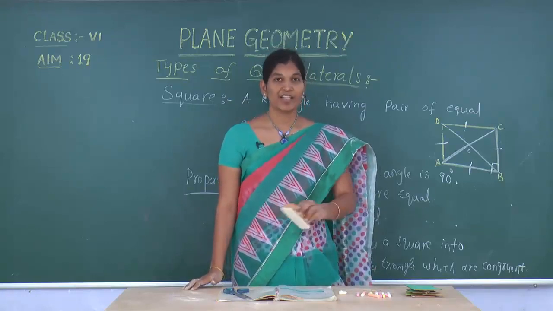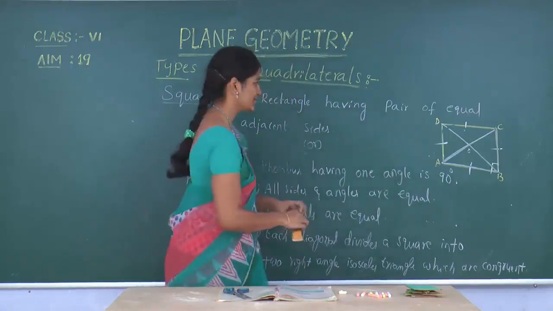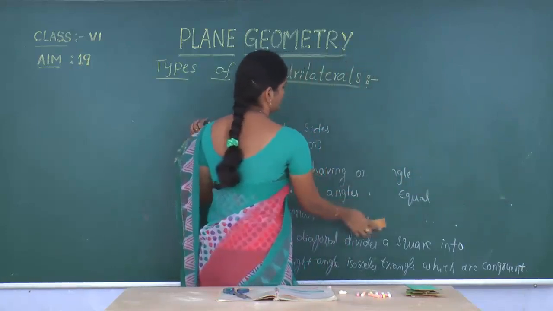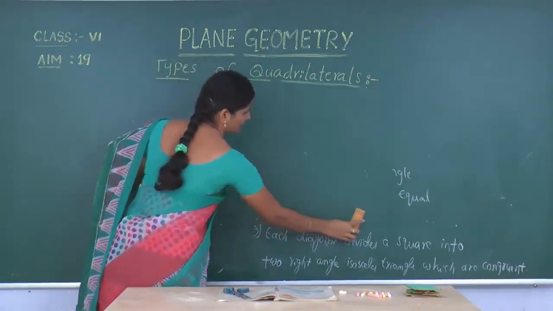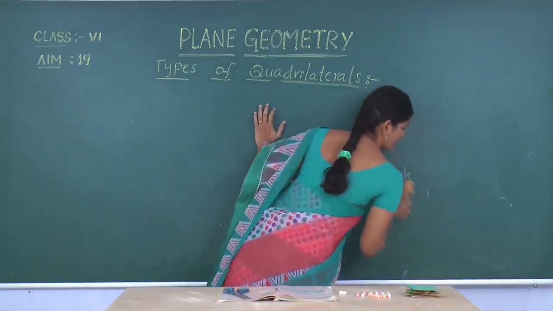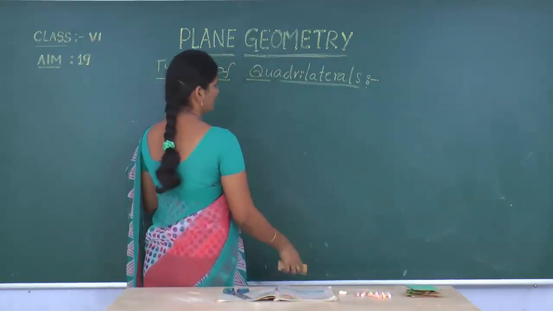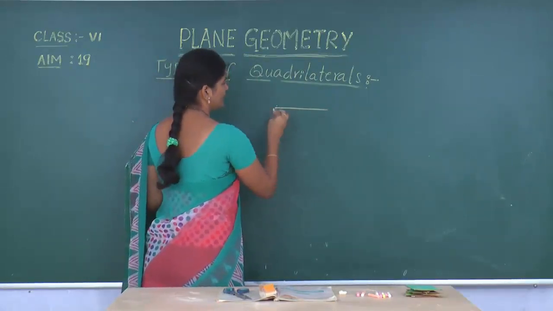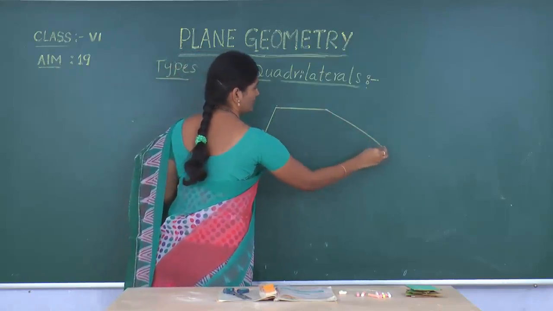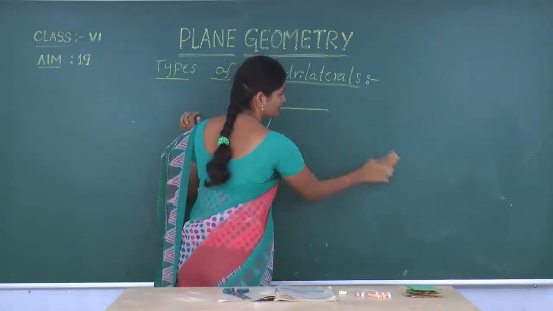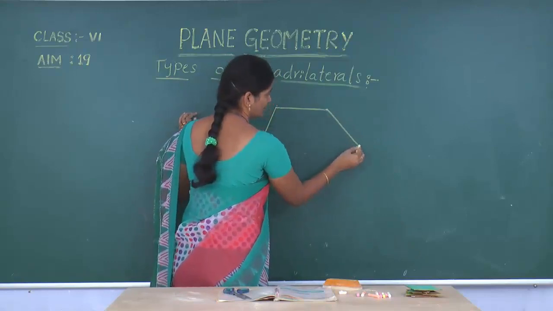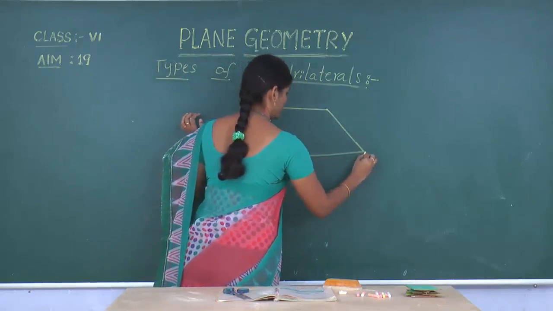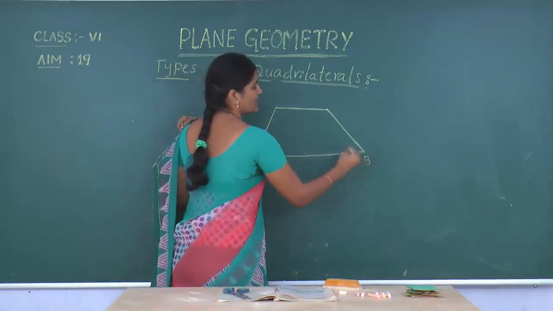And let me tell you one more important property. I am taking one quadrilateral. This is ABCD.